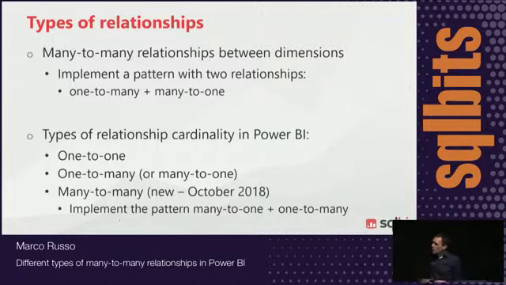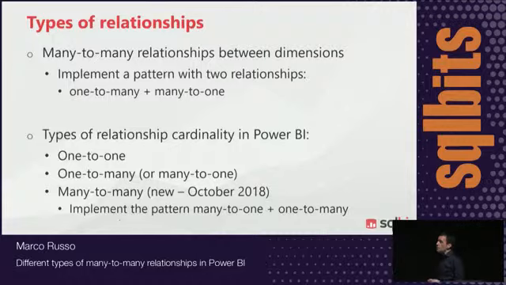And I will try to show you the different types of data modeling issues that we have to face in creating any analytical solution, and how we can implement these problems, these patterns, in the tabular model, and so in Power BI.